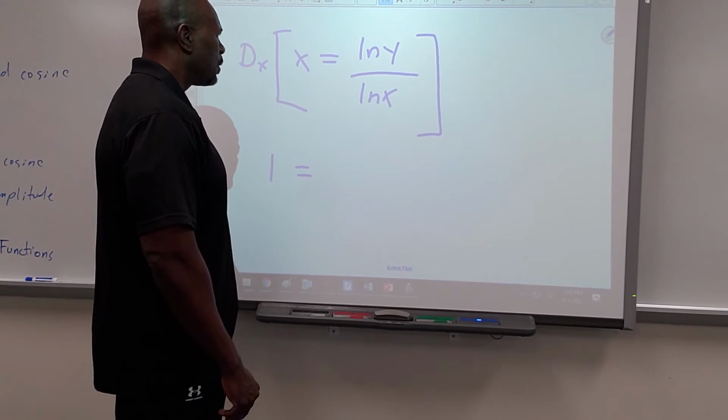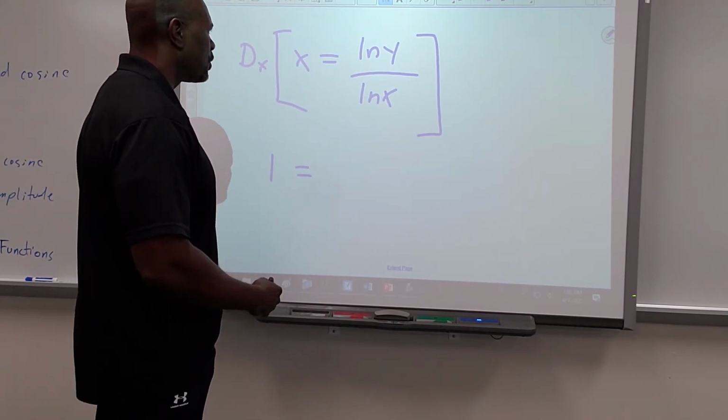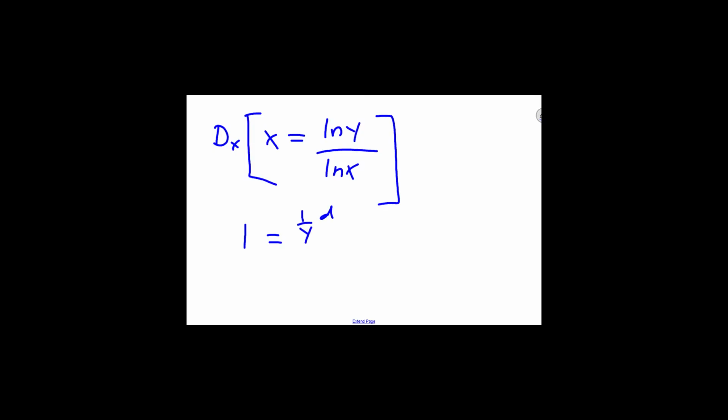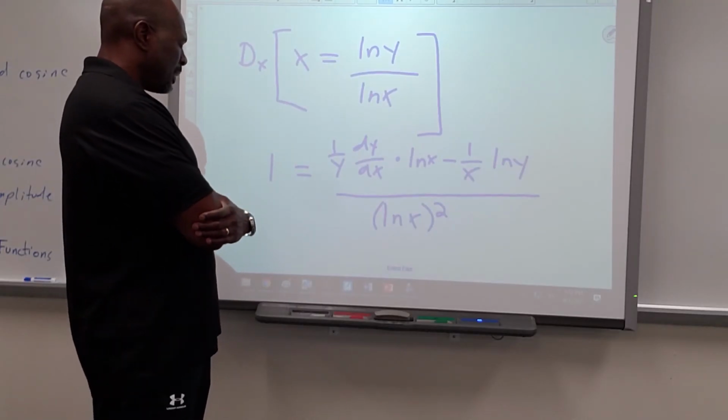So I'll first take the derivative of ln y with respect to x, and that will be 1 over y dy by dx, multiplied by ln x, minus the derivative of ln x, which is 1 over x, times ln y, all over ln x squared. Okay, so all I have to do is solve for dy by dx.